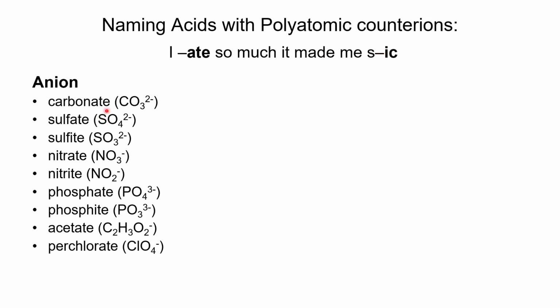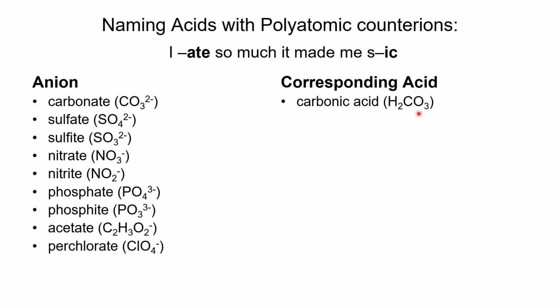That will work. So if we have an anion, carbonate, and we add 2 hydrogens, whatever the negative charge is, that's how many hydrogens we would add. We add the 2 hydrogens, we'll change the ate to "ic", and we will get carbonic acid. So H2CO3 is carbonic acid. So here is sulfate.